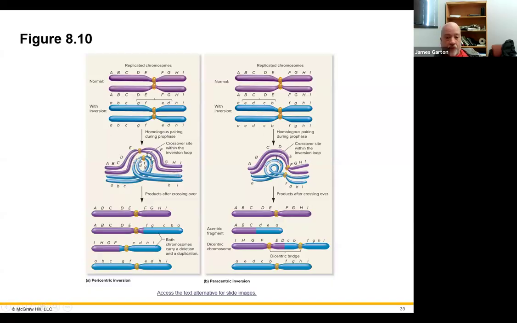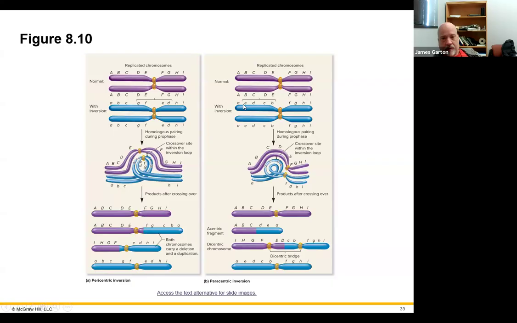And if crossover occurs right there, well, you get one basically normal chromosome. You end up with one chromosome that has a deletion and a duplication, so they're abnormal. And then you have that last chromosome again is pretty much normal.